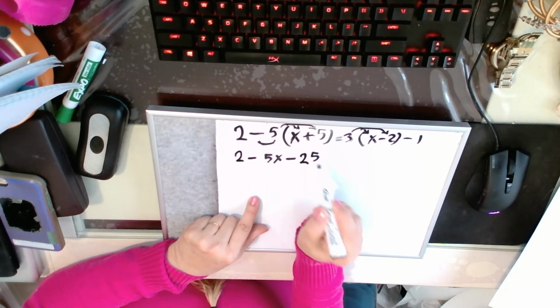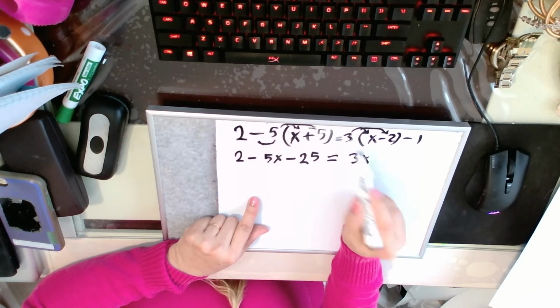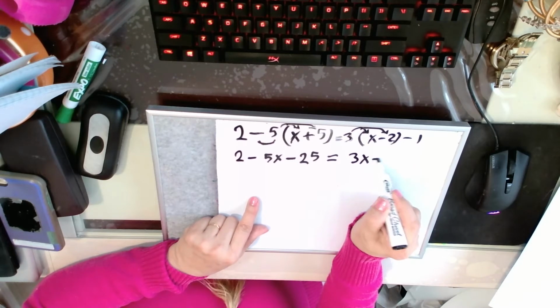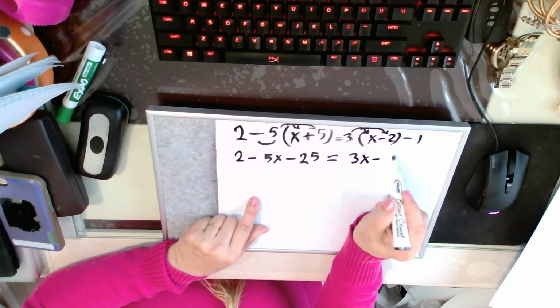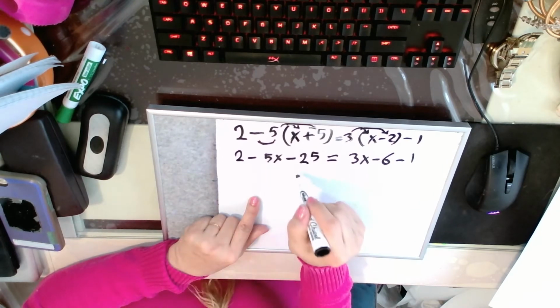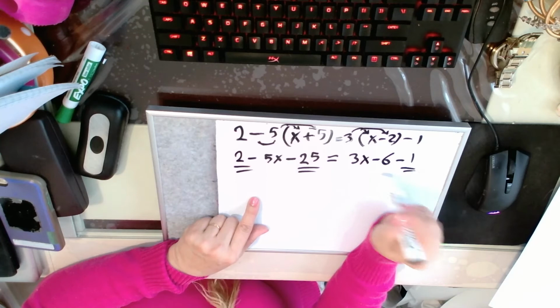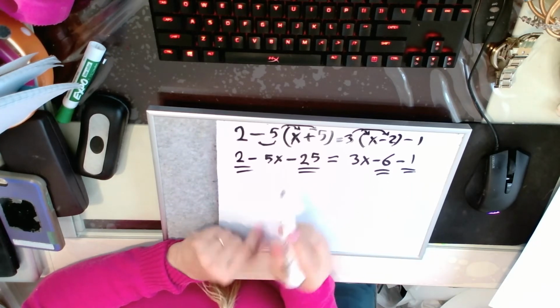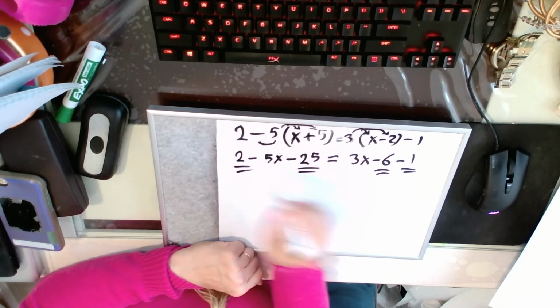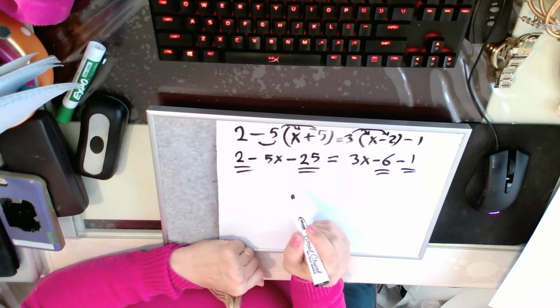Minus 25 equals 3x, 3 times 2 is 6, minus 1. When you see numbers, you're going to add them together. So 2 minus 25 is minus 23, right?